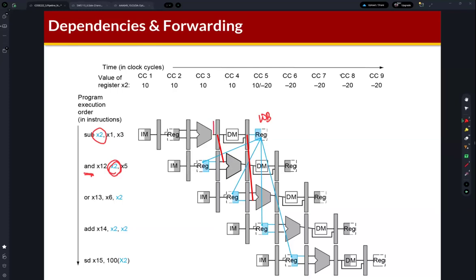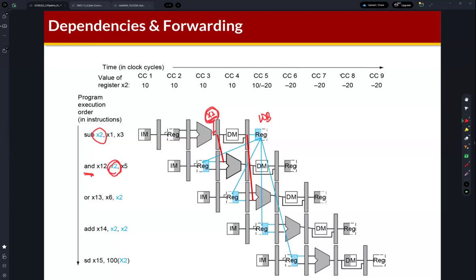Actually, as I explained in the previous class, x2 is generated by this ALU. So the processor can have the x2 data, the result of the sub instruction, at this point.